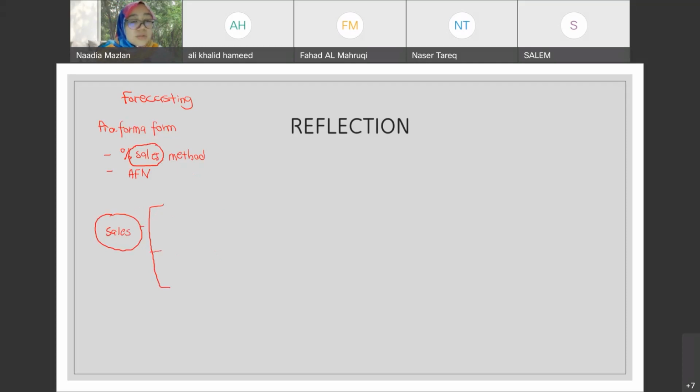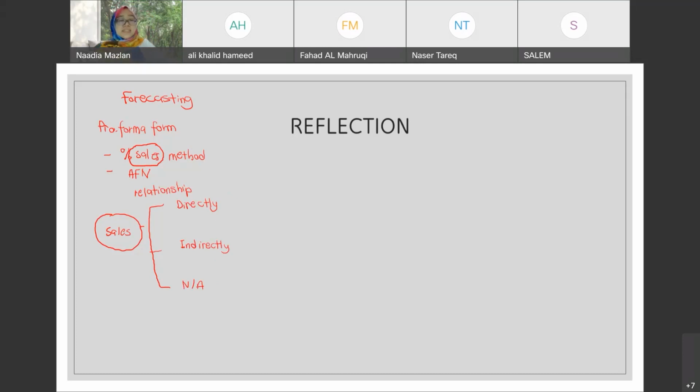The relationship of sales can come in 3 parts: first is directly, then indirect, and the last one is not applicable.